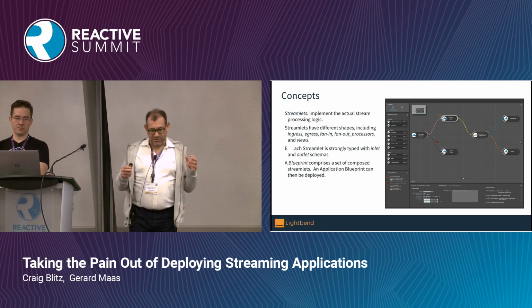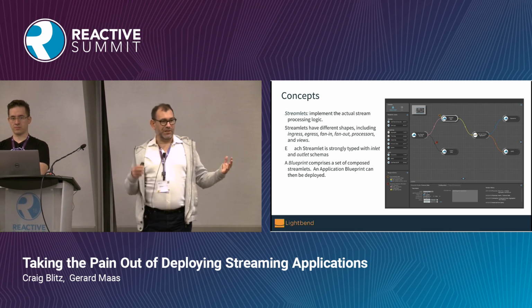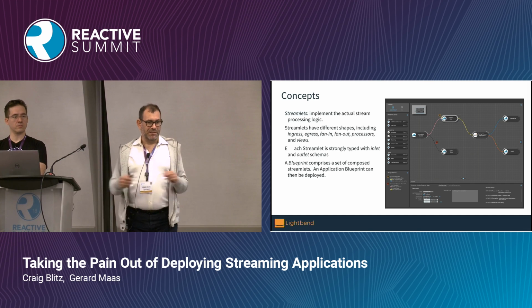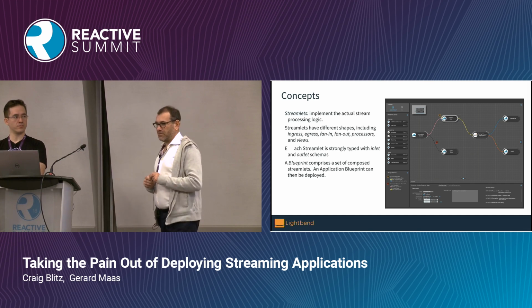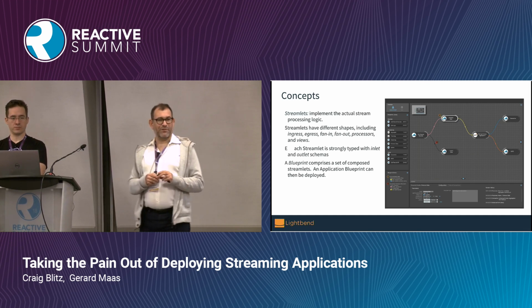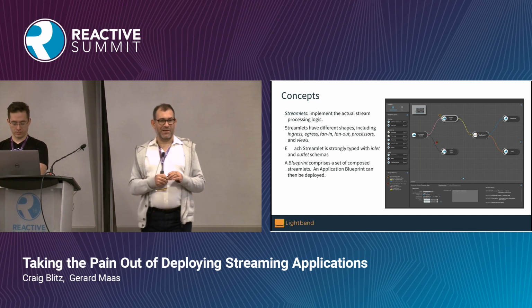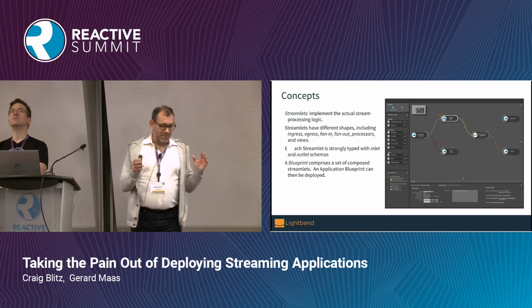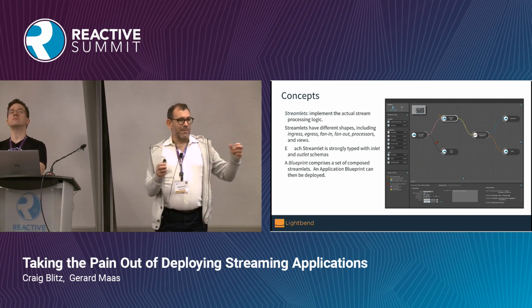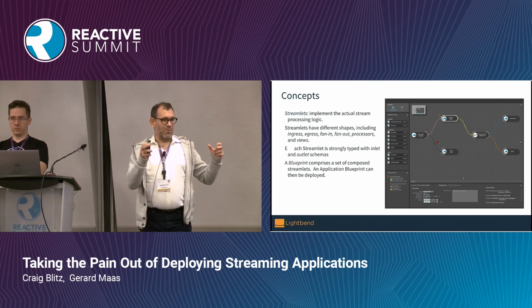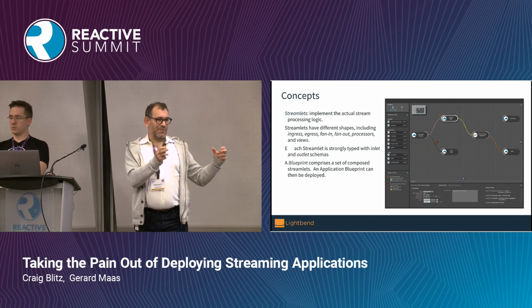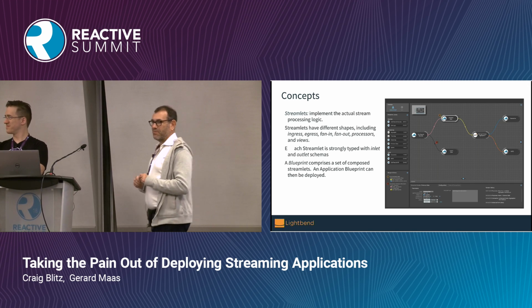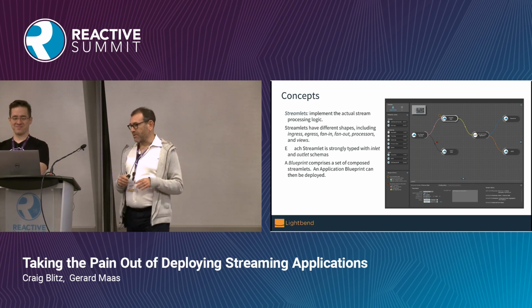Streamlets have multiple inlets and multiple outlets. Each of those inlets and outlets has a schema attached to it. So if you went to Colin's talk yesterday, he talked quite a bit about the ability to automatically figure out which schemas can be applied between one processing element and another.